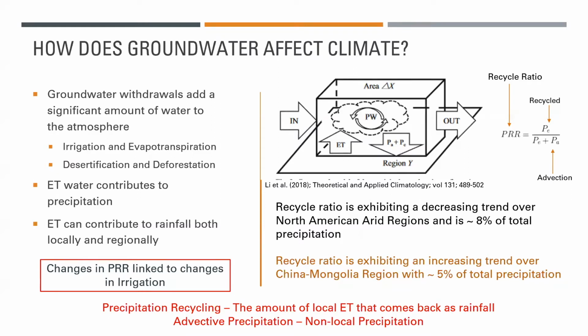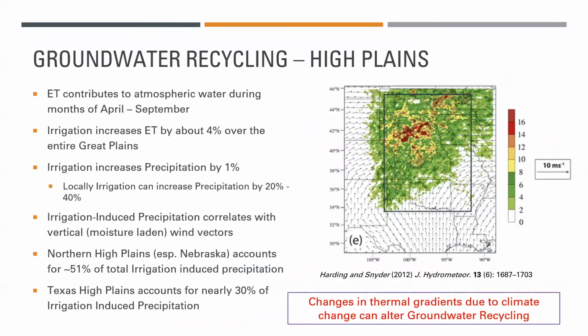So basically, it changes the advection and the amount of water that's coming from elsewhere. Of course, climate plays a very big role on thermal gradients, which in turn affect your wind profiles, your wind velocities, and wind directions.